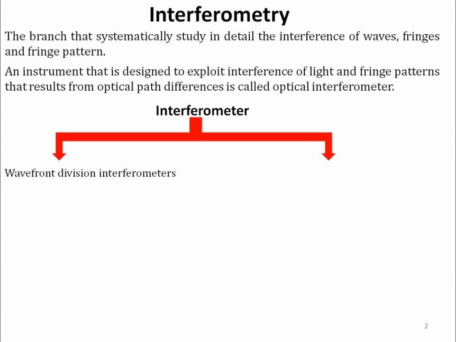The first are those based upon the division of the wavefront, and that's why they are called wavefront division interferometers. The second are called amplitude division interferometers, which divide the amplitude of the incident beam, make it travel through different paths, and then collect it back in some region where the interference of those two sub-beams, which originated from the original beam, is studied.